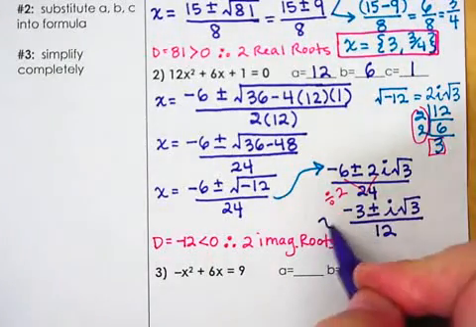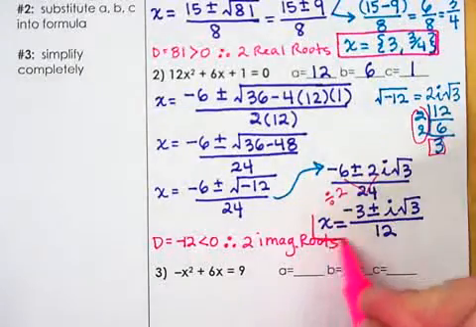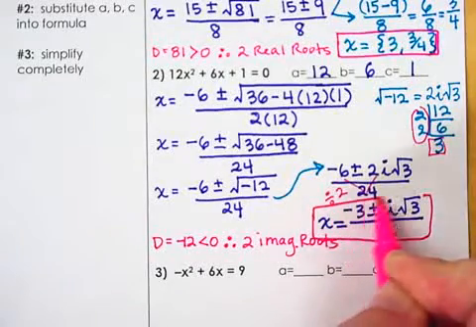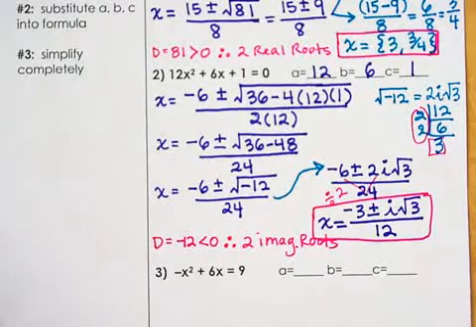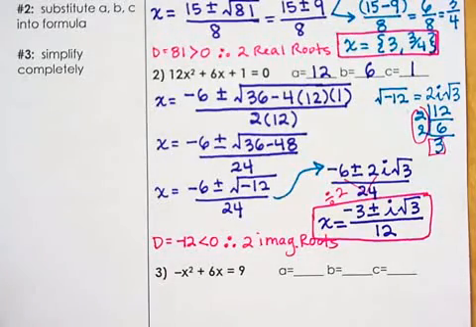So we still want this to be x equals, and there are 2 solutions because we have a plus and a minus sign. And so that entire thing would be our 2 solutions. Now we can't get a decimal approximation for this because of the imaginary piece. We can't go any further with this.